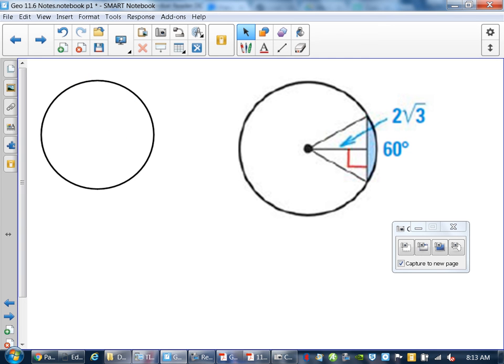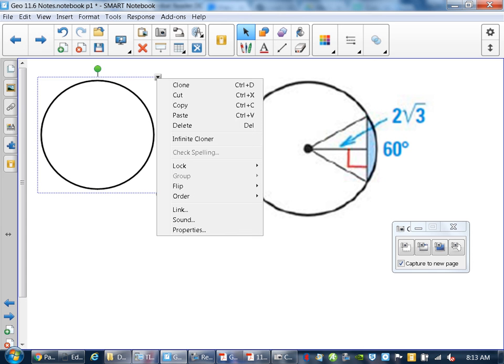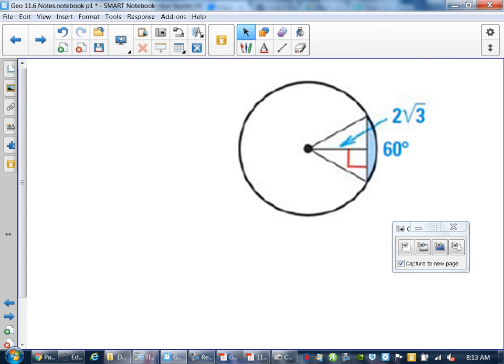Anyway, it goes back to the idea: how did you create the object? The object was made by the area of a sector subtract the area of a triangle. Which means you have to remember how to find the area of a sector. Area of a sector was the central angle over 360 times pi r squared.